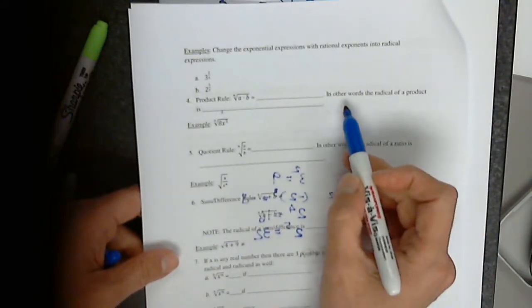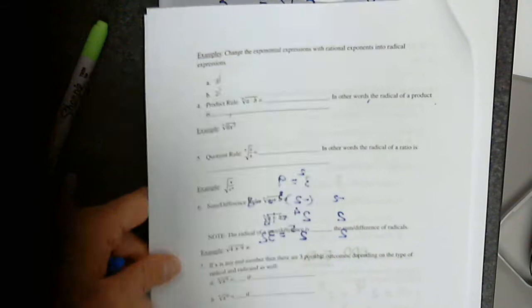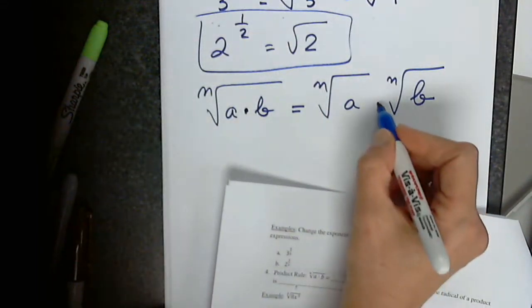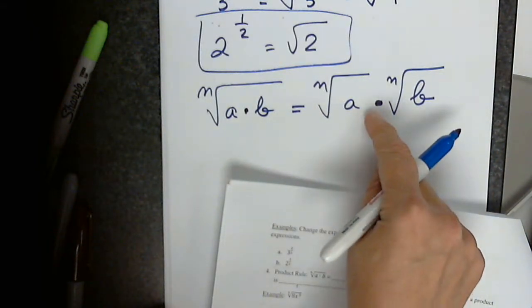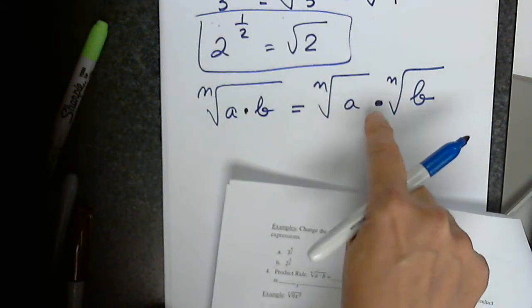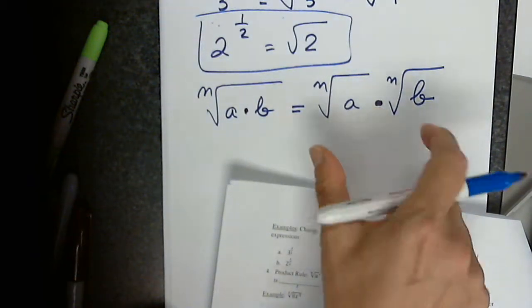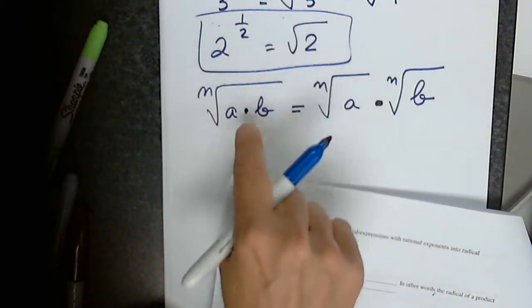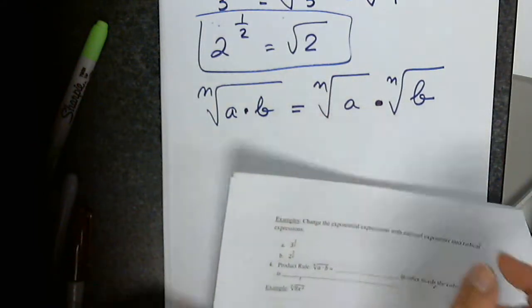So now, in other words, the radical of a product is the product of, exactly.